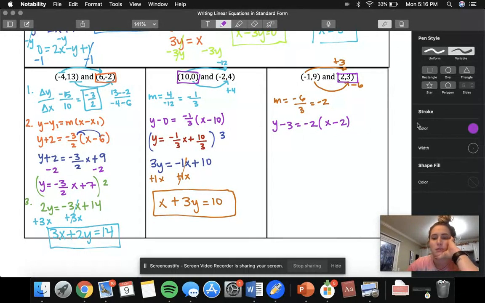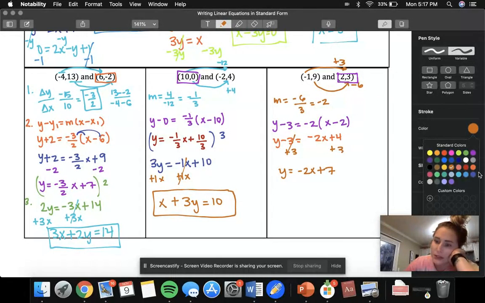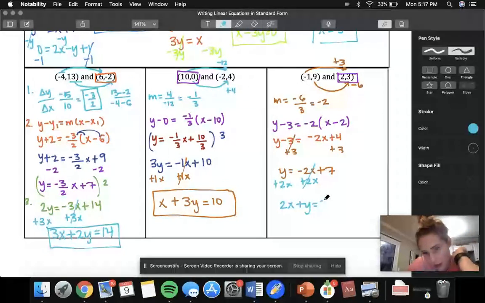I'm going to distribute: negative 2x plus 4. Going to move the minus 3. Now I don't have a denominator or anything, so I just need to move this bad boy over here and get 2x plus y equaling 7.